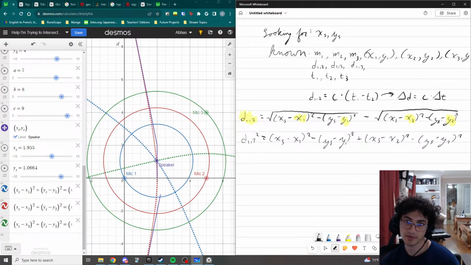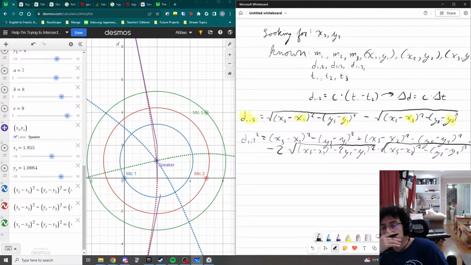And then we're going to be subtracting 2 times the square root of (xs minus x1) squared minus (ys minus y1) squared times (xs minus x2) squared times the square root, squared minus (ys minus y2) squared.